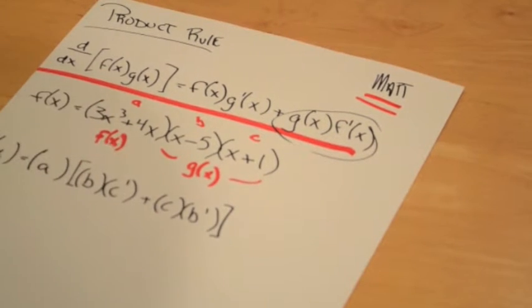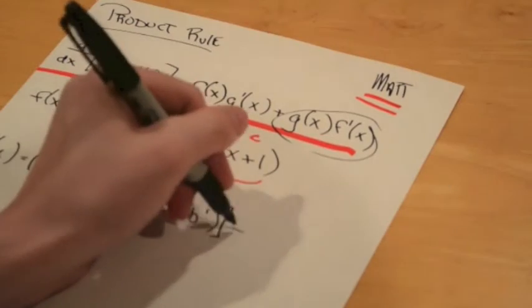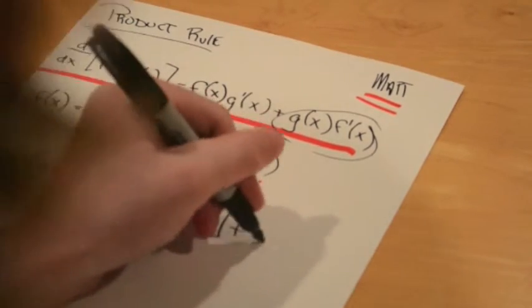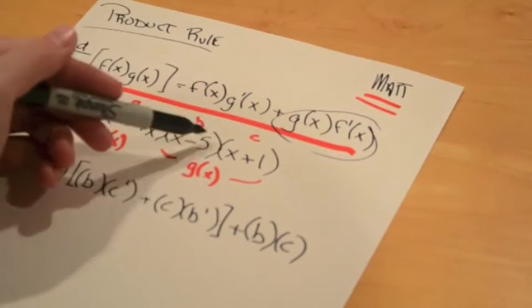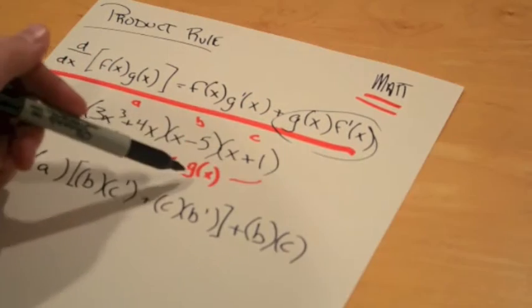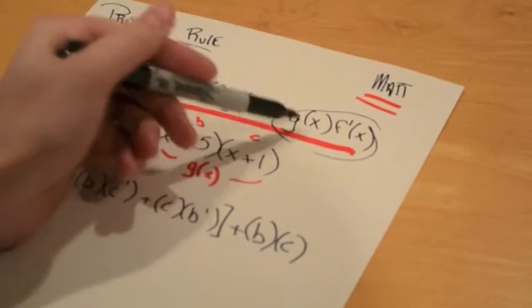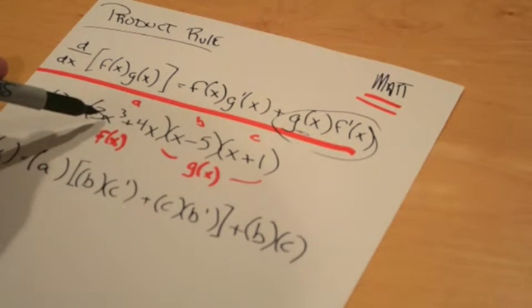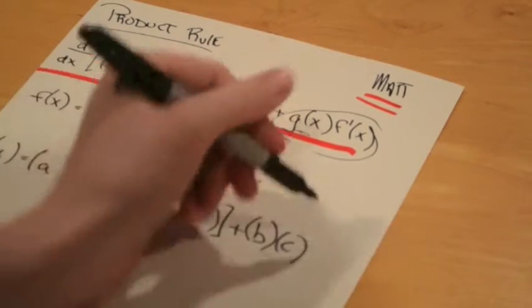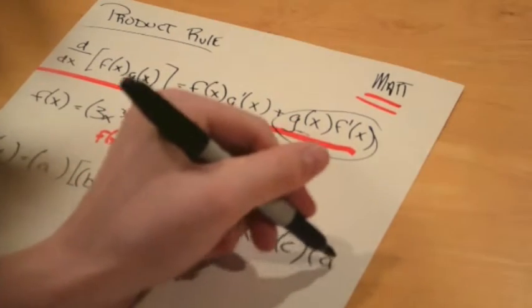So, it'd be plus b times c, because b and c are the g of x, which are right here, and then you got to find a derivative of a. So it'd be multiplied by a derivative of a.